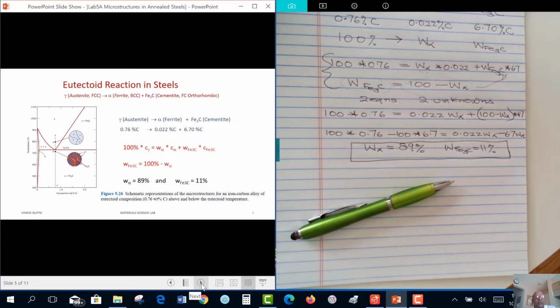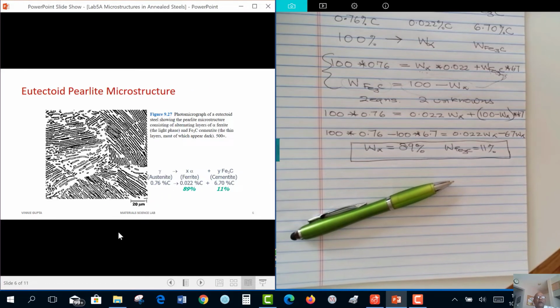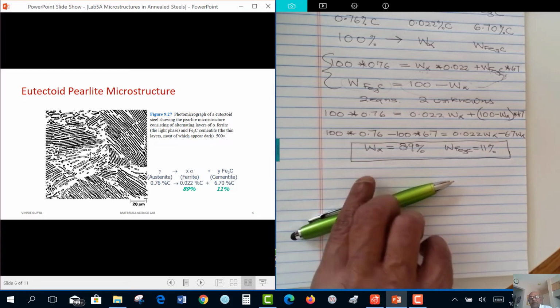Okay. So let's see what the structure looks like. As we see, this austenite has to split into two widely varying percent carbon phases. We have a lot of this alpha, which appears as white in this micrograph. So everything that is white is ferrite. And these dark layers are cementite. This layered structure is called pearlite.